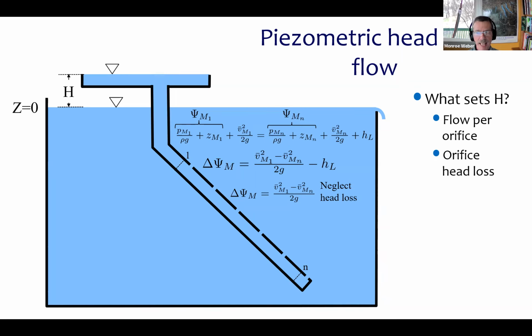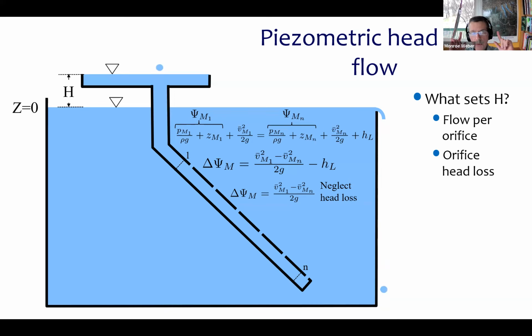The piezometric head actually gets larger as you go down the pipe, because the water inside the pipe is slowing down, and as it's slowing down, some of its kinetic energy is turning into potential energy. This is like the crazy big surprise of manifolds.